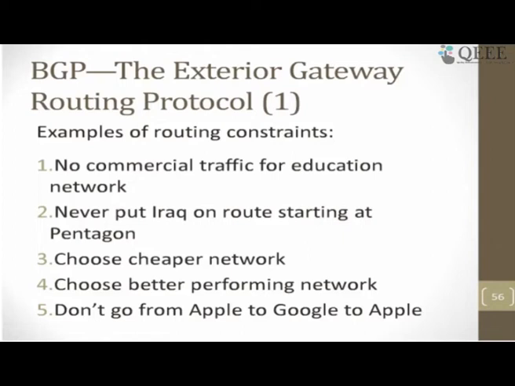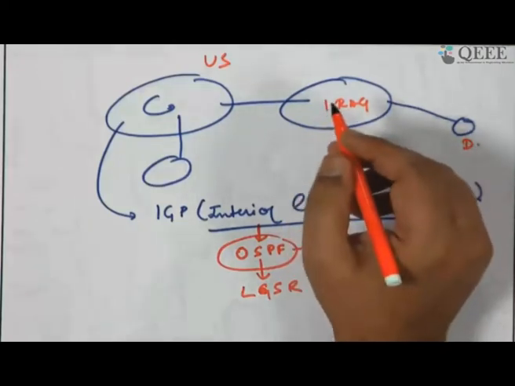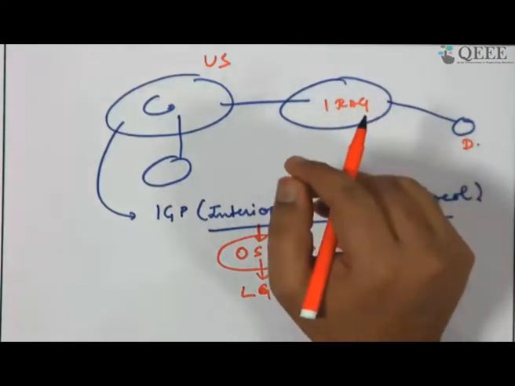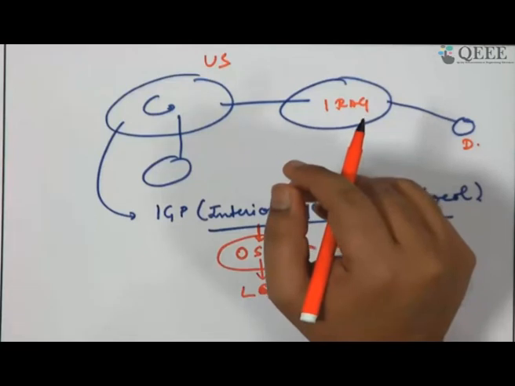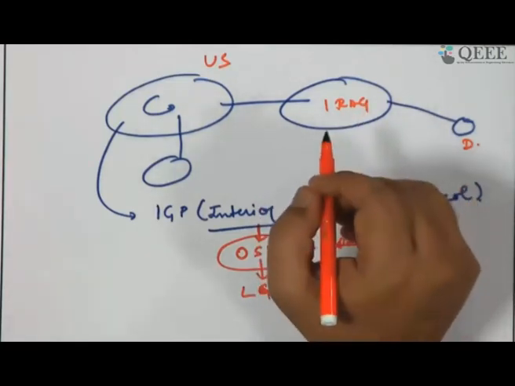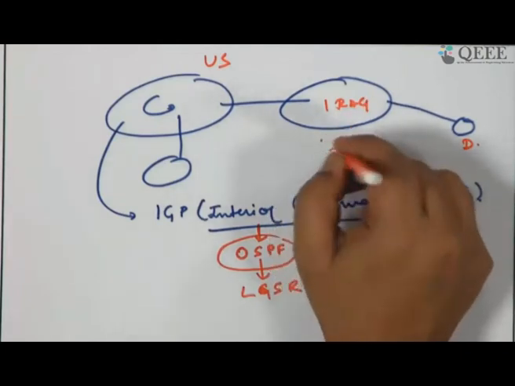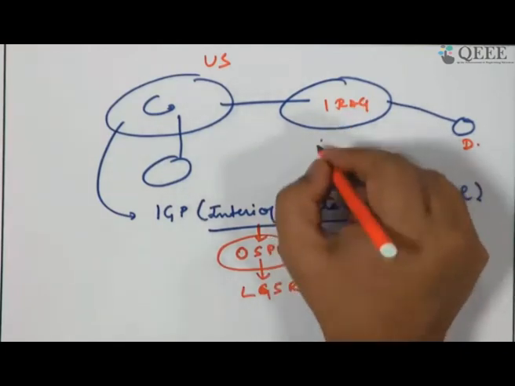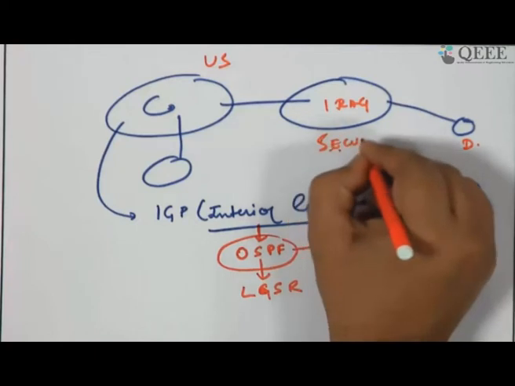Or when you are sending data, you never route it through Iraq at the Pentagon. If you are sending data from the US to Dubai, Iraq may look good from link state or distance vector routing as the shortest path, but it is not secure.